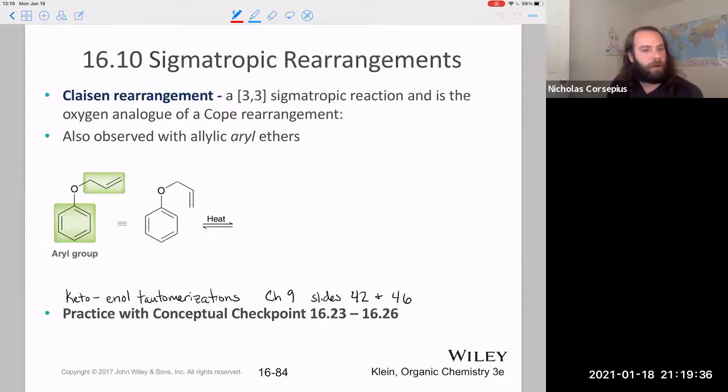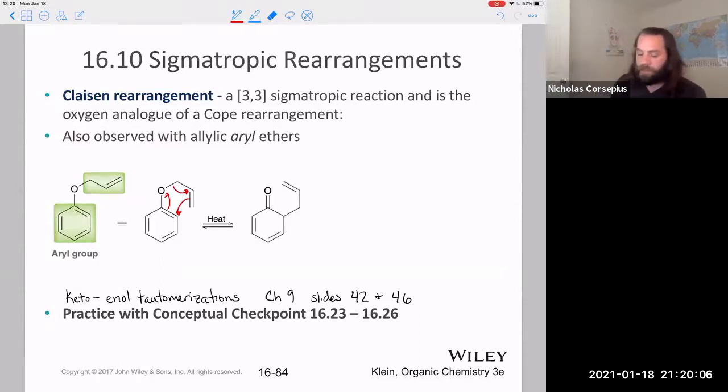Base of the arrow at a pi bond, tip of the arrow at that sp2 hybridized carbon. And then from there, just make sure everything goes in a circle. And then the last one will be the breaking of that sigma bond. So that would get me to this compound here.